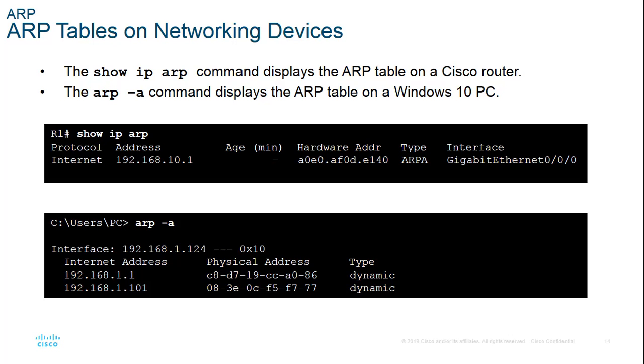To display the ARP table on a Windows 10 PC, you can use the command arp -a.